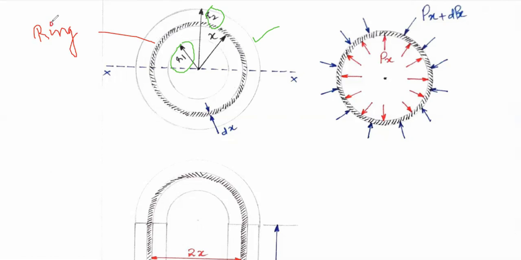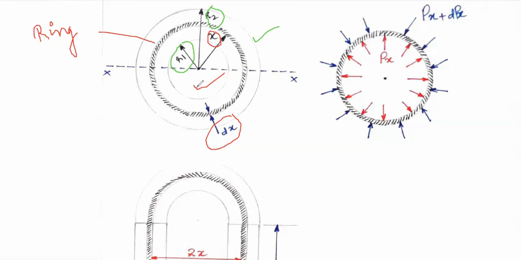So I have considered an elemental ring whose thickness is dx, and whose radius is x from the center. Right? Now, if there is some fluid existing here in this part, that is at the center or the inner surface of the closed cylinder, which is a thick cylinder, then that fluid is going to exert some pressure on the inner walls of the cylinder.